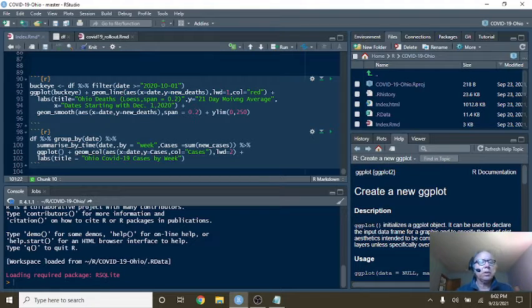And let's change this to a line. Okay, so let's take a look at these numbers for the state of Ohio.